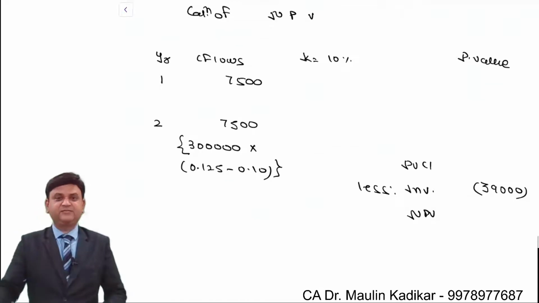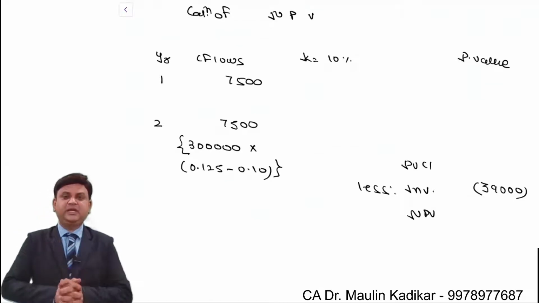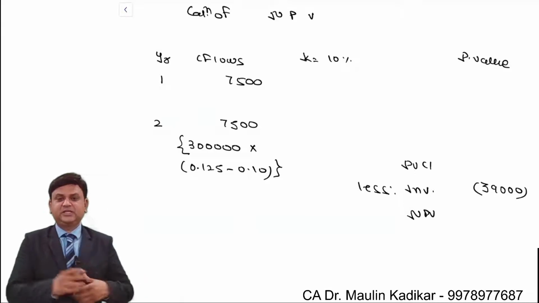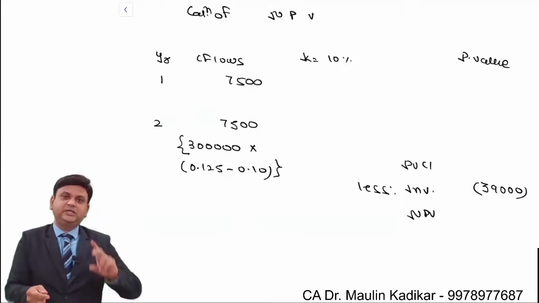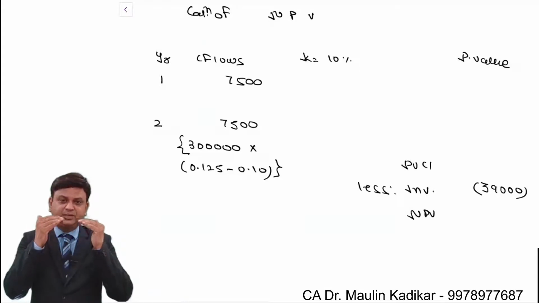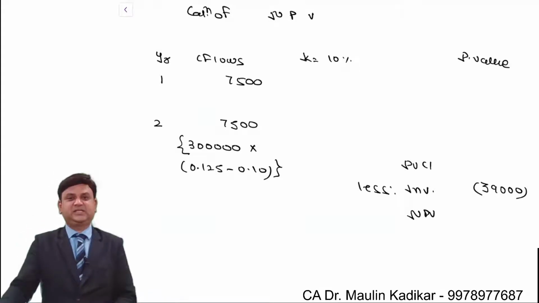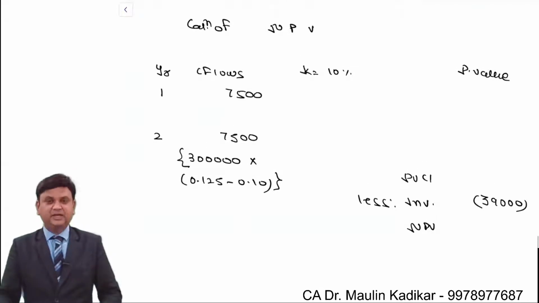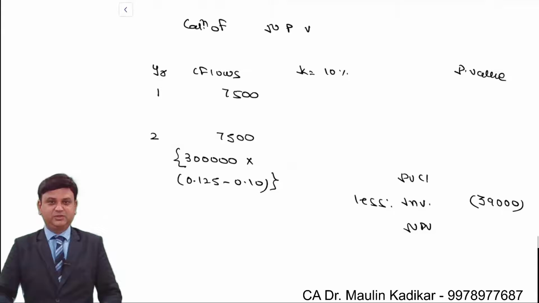Remember that at the end of the second year, there will not be any repayment of the debentures shown. Why? Because in both the cases, existing or new, you have to make the payment of 3 lakhs at the end of the second year. So whatever cash flows are common will not come in the incremental approach. And this is the way the NPV is supposed to be found.